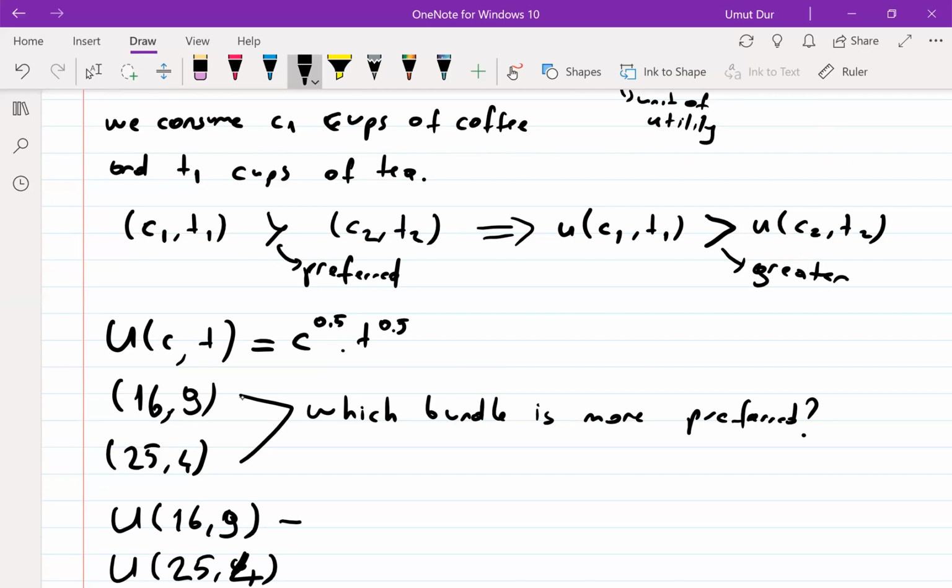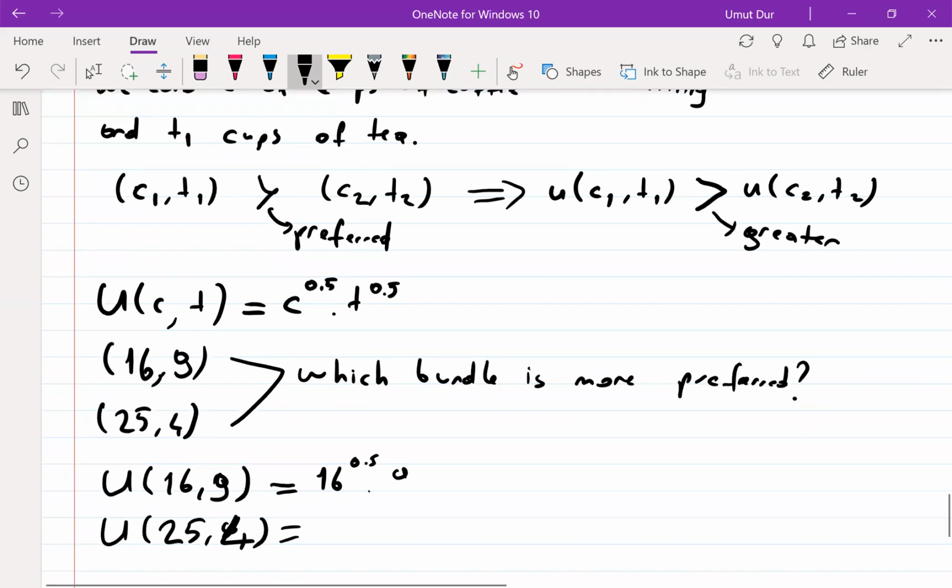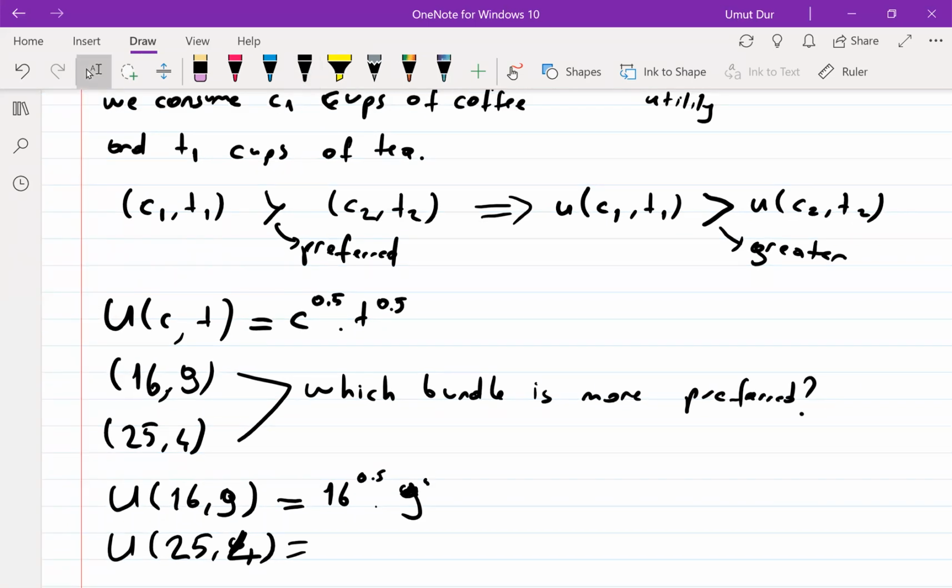Then I will compare those values, and whichever is greater, that bundle is better. Here, 16 to the 0.5 times 9 to the 0.5 is 4 times 3, which is 12.